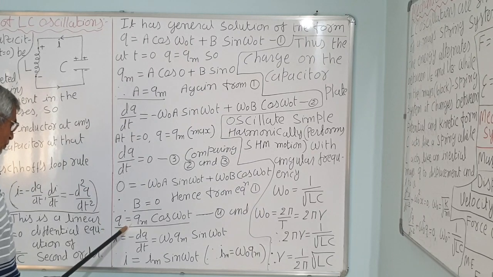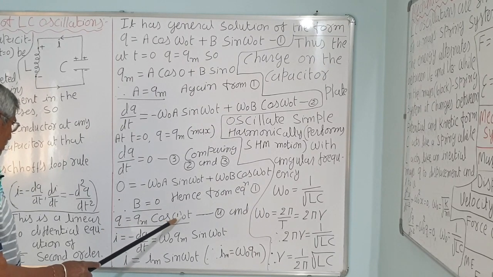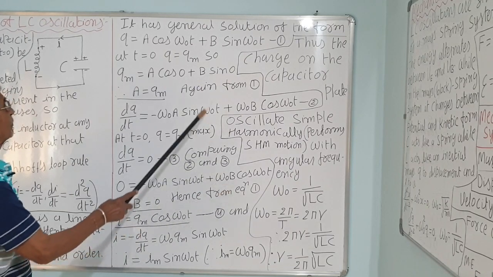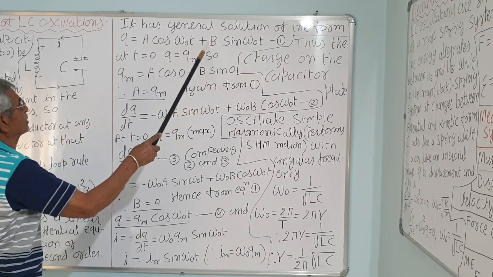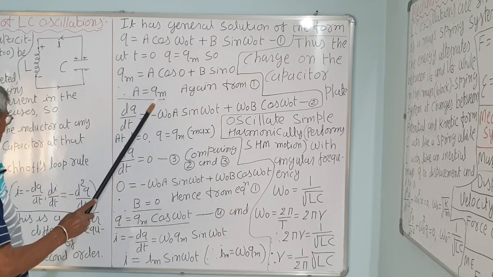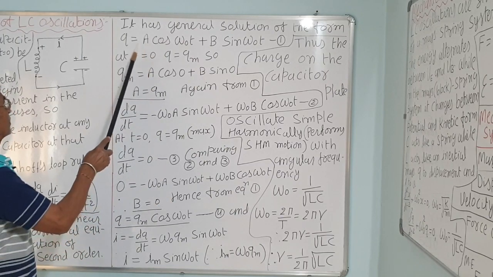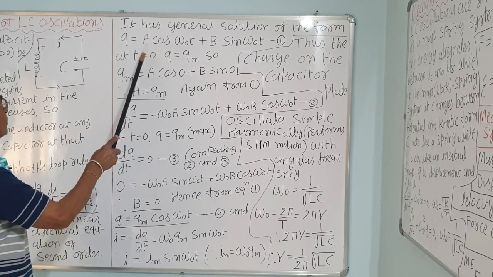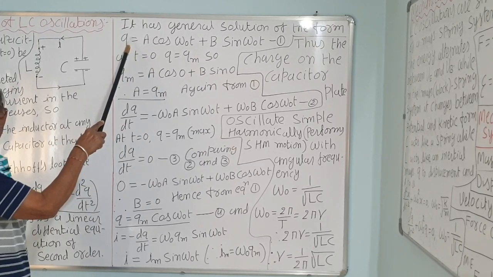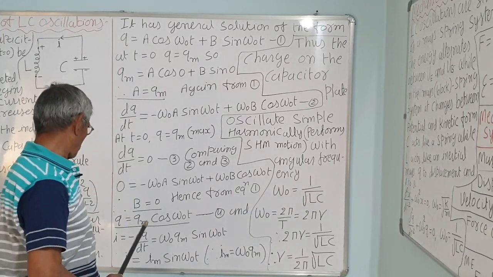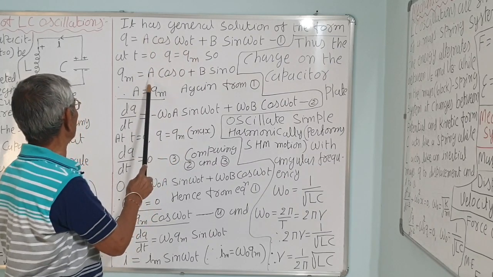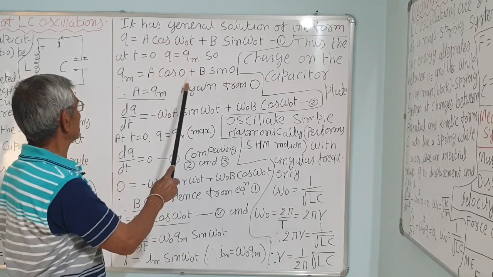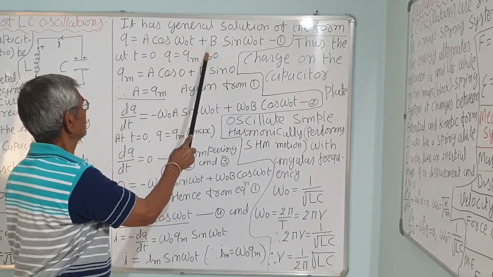So q is equal to Qm cos omega 0 t, correct. Hence from equation 1, put the values of A and B. A is equal to Qm and B is 0, so this term will be 0, and it is equal to Qm cos omega 0 t. We have got the value of A, that is Qm, and B is 0.